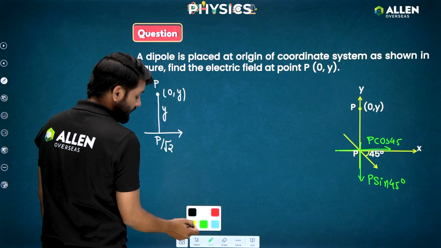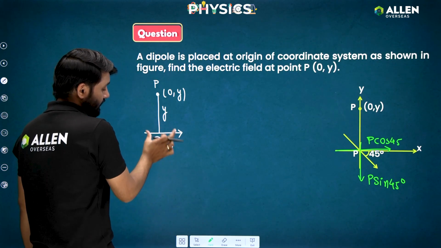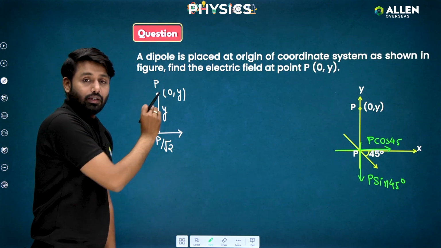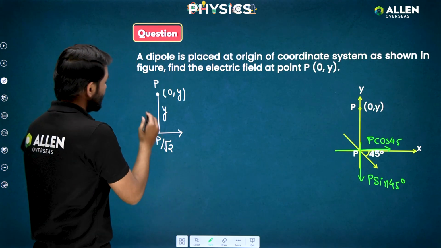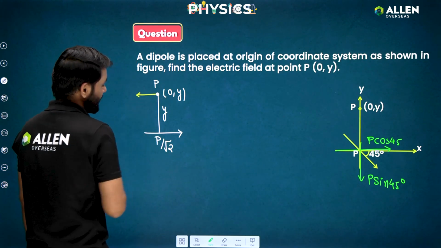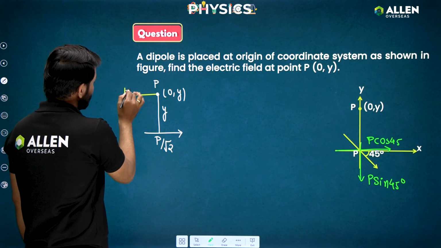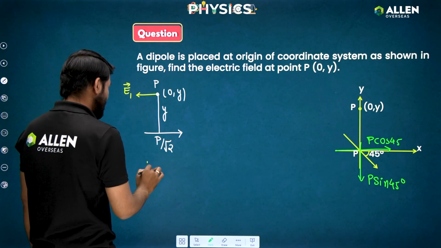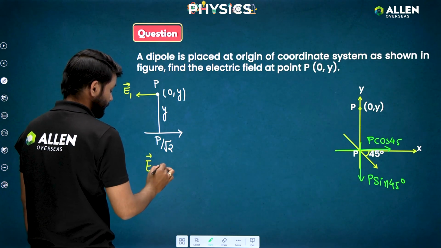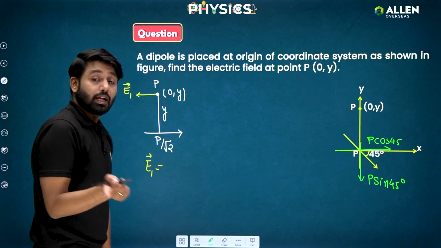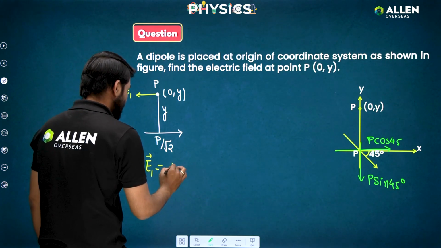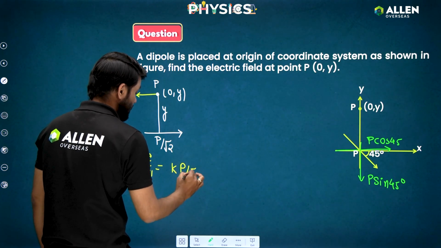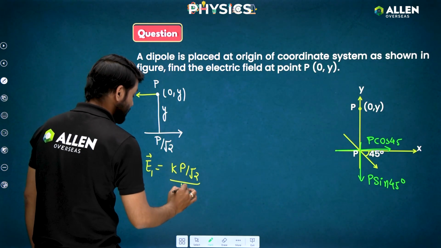So this distance is y. I think you know that this is the point on the equatorial line. So direction of electric field is like this. This I am naming E1. So E1 magnitude is Kp upon r cube, so Kp, where p is P by root 2, upon r cube which is y cube.